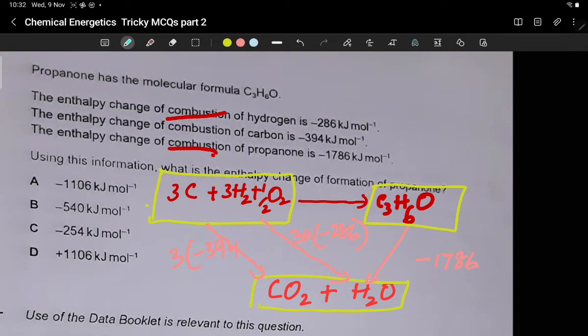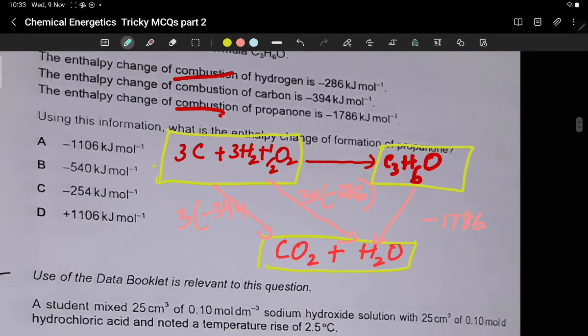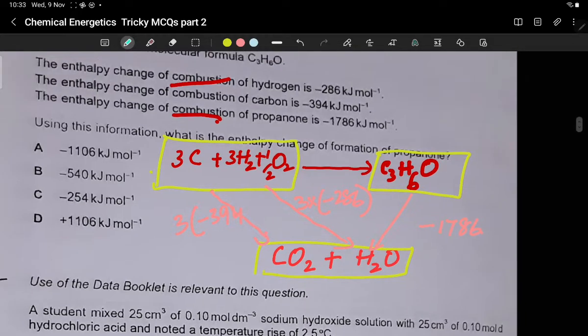Now we know that carbon dioxide and water are formed. Draw two cycles.